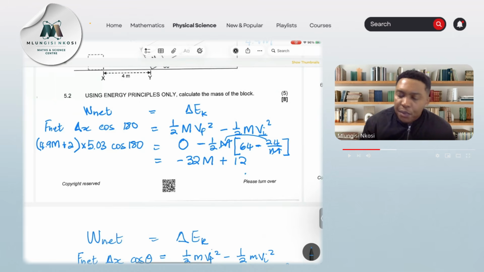So 7.353 m is equal to 22.06. And we can divide both sides by 7.353.